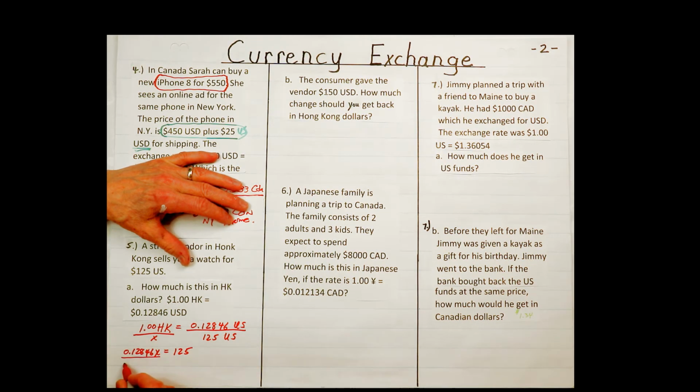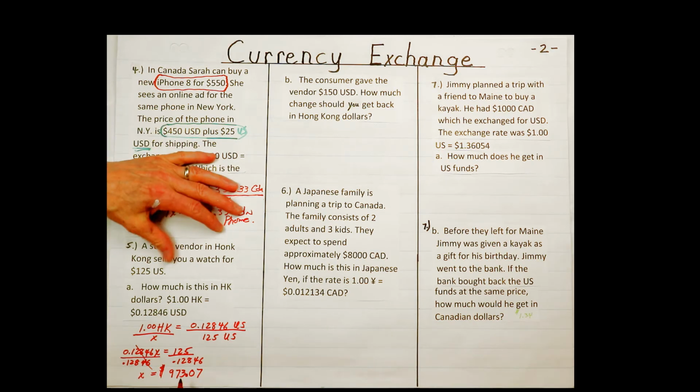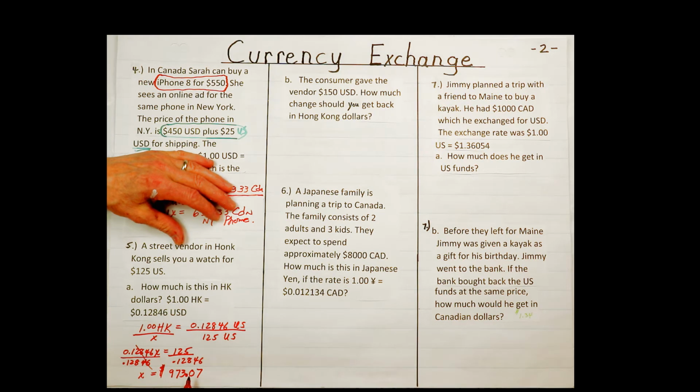And now we divide by 0.12846, which gives us X, or 1X, and we divide the other side by the same thing, 0.12846. And we get 125 divided by 0.12846, which is $973.07. And that's in Hong Kong dollars.